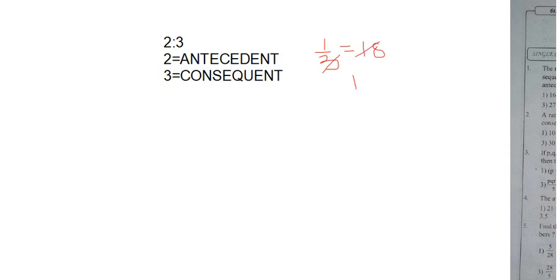When they gave the consequent and we have to find the antecedent, see what is the relation between these two numbers. The relation is 6. 3 sixes are 18, which means multiply 2 into 6. 2 into 6 is equal to 12. That's your answer.